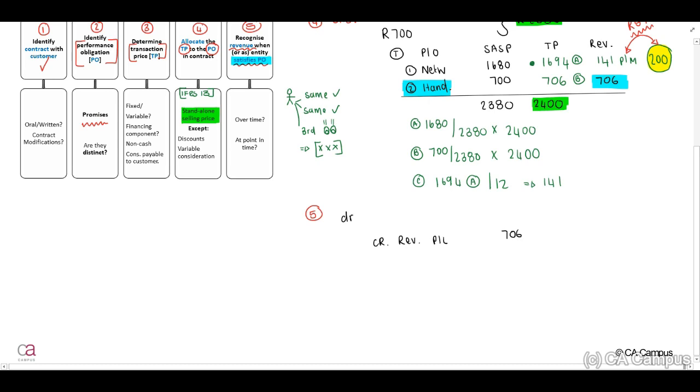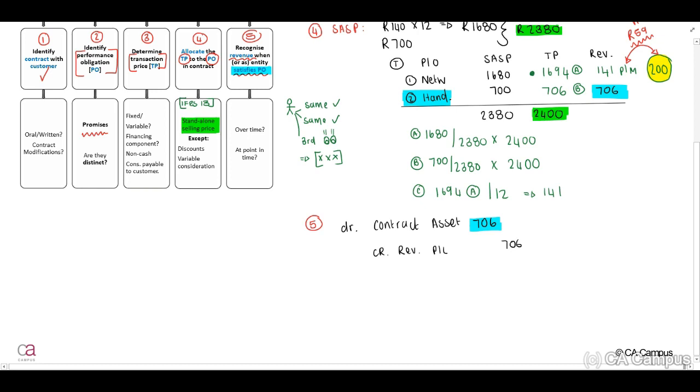Now, what do we debit? We will have to debit our contract asset. You will identify each month we will allocate that 59 Rand to our contract asset, this 59, and this will clear the contract asset account at the end of our 12-month period.